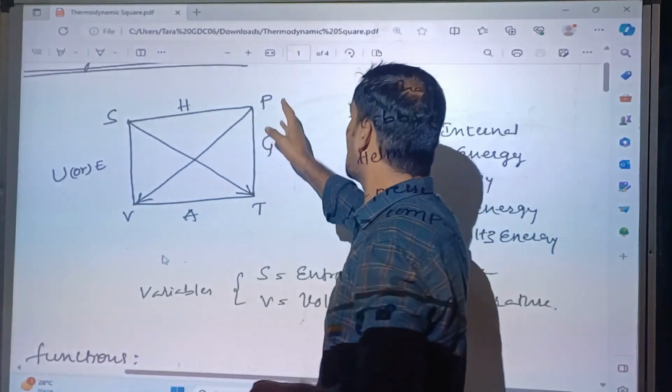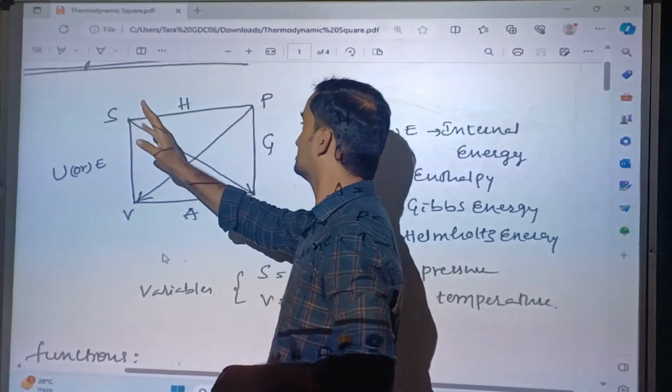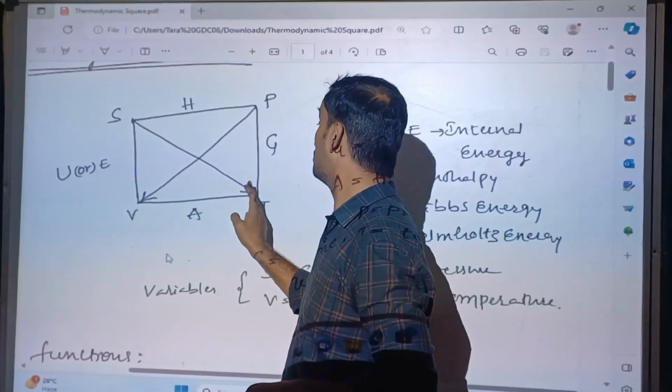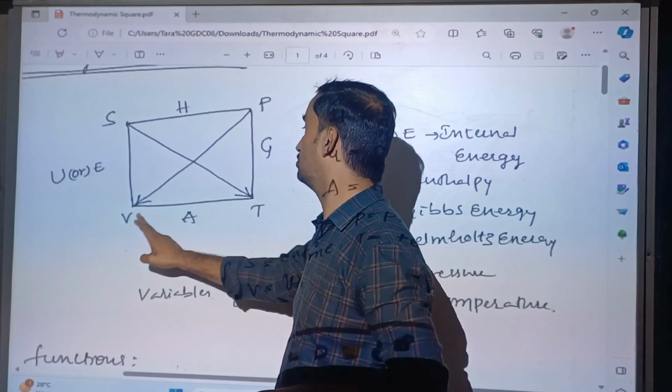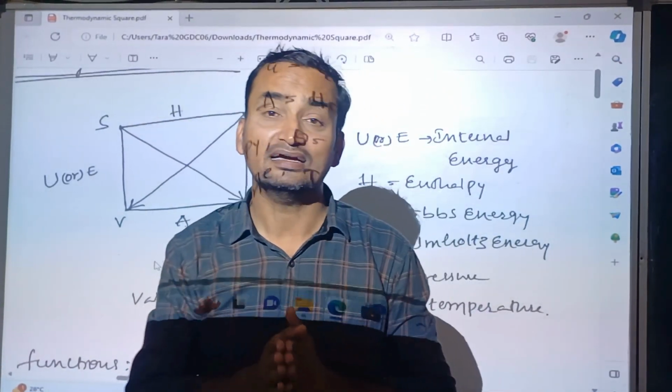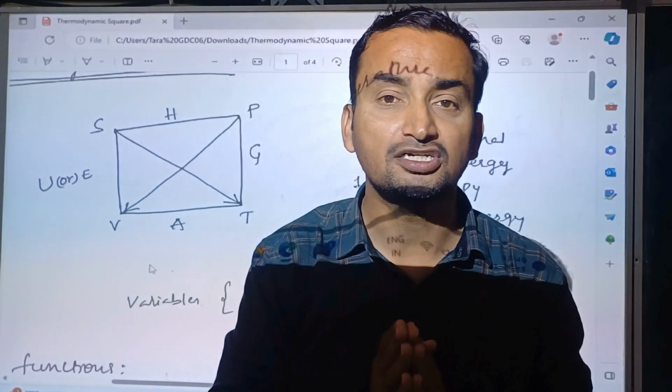So ∂P/∂S at constant volume is equal to minus ∂T/∂V at constant entropy. That is the important relation 20.